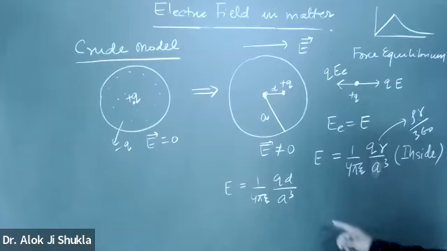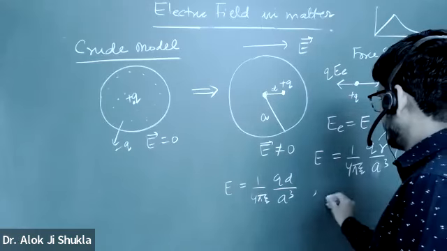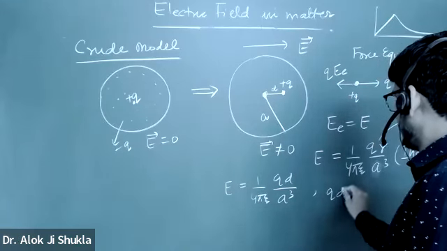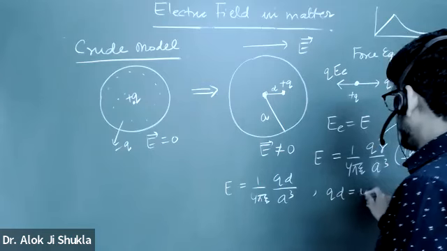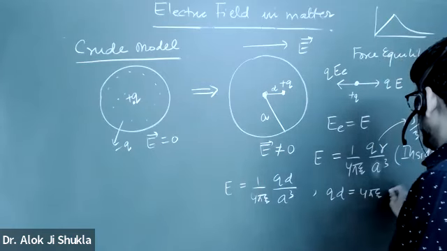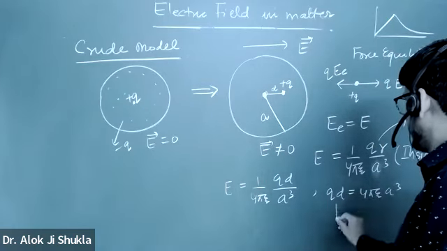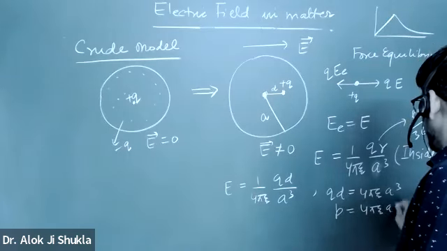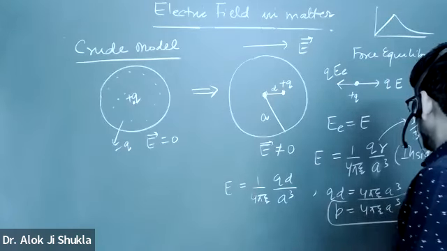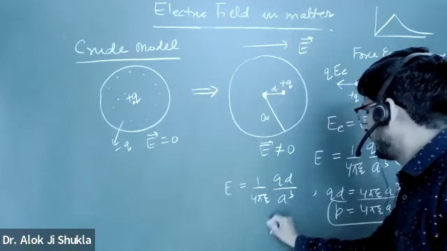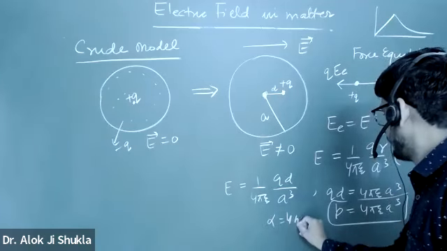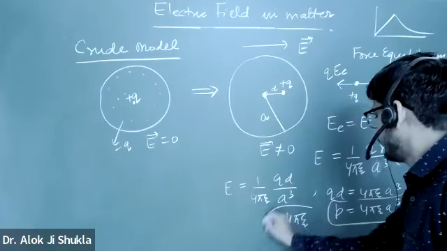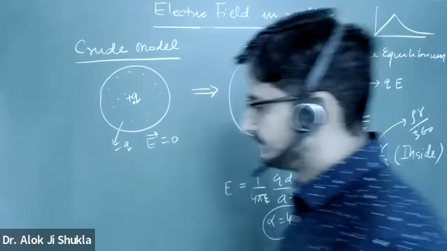So if you write it as qd is equal to 4 pi epsilon naught aq, then p will be equal to 4 pi epsilon naught aq, and you get the calculation of alpha is equal to 4 pi epsilon naught a cube by this model.